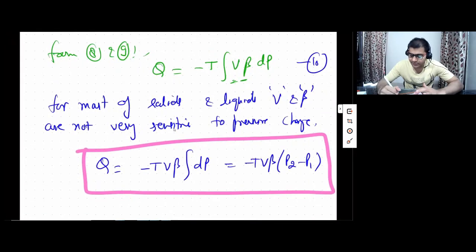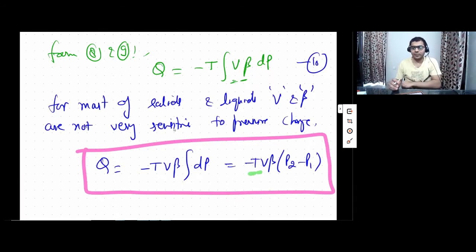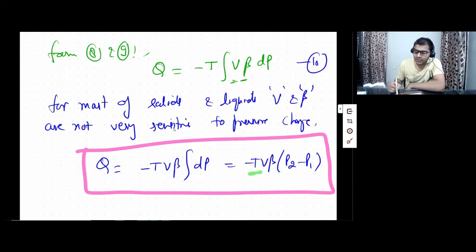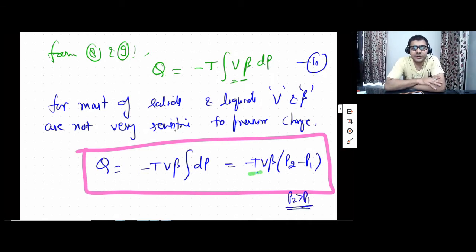Then the heat exchange will be negative if beta is positive, because V is positive and T is positive, as we are not going below 0 Kelvin. Negative means the heat will flow out of the system. However, if beta is negative, then Q will be positive for P2 greater than P1, and that means the heat will be absorbed by the system.